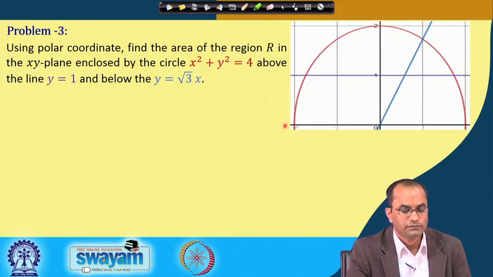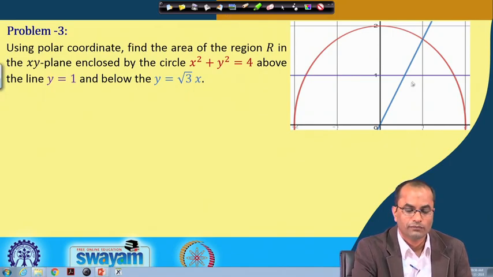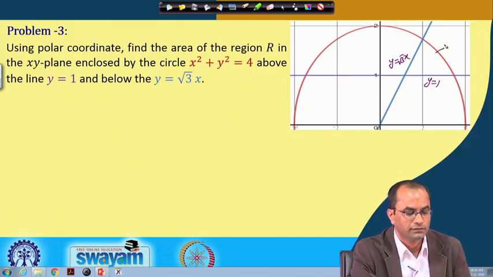So, that is the situation: the circle, and then the line y is equal to square root 3 x, and the line y is equal to 1, and this is the circle given by x square plus y square is equal to 4.